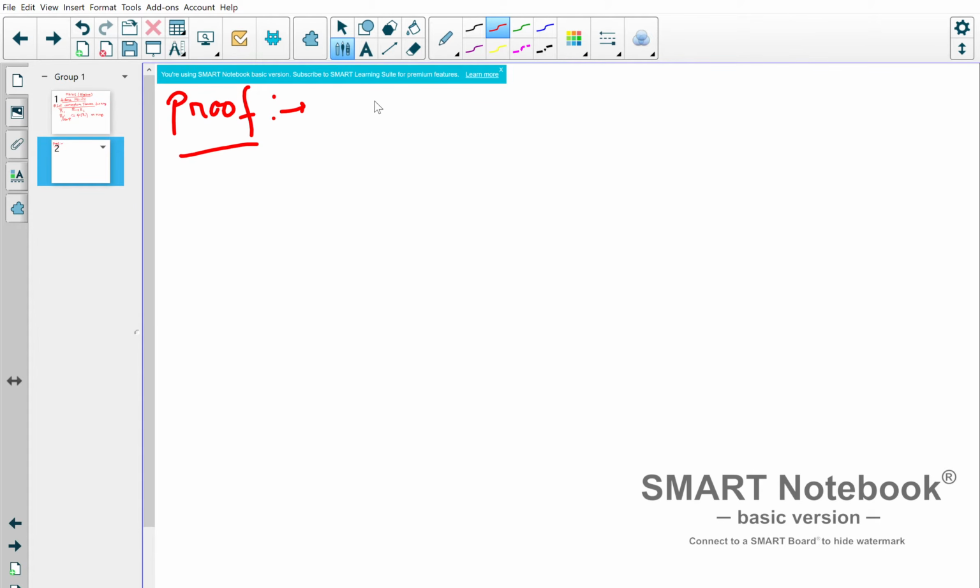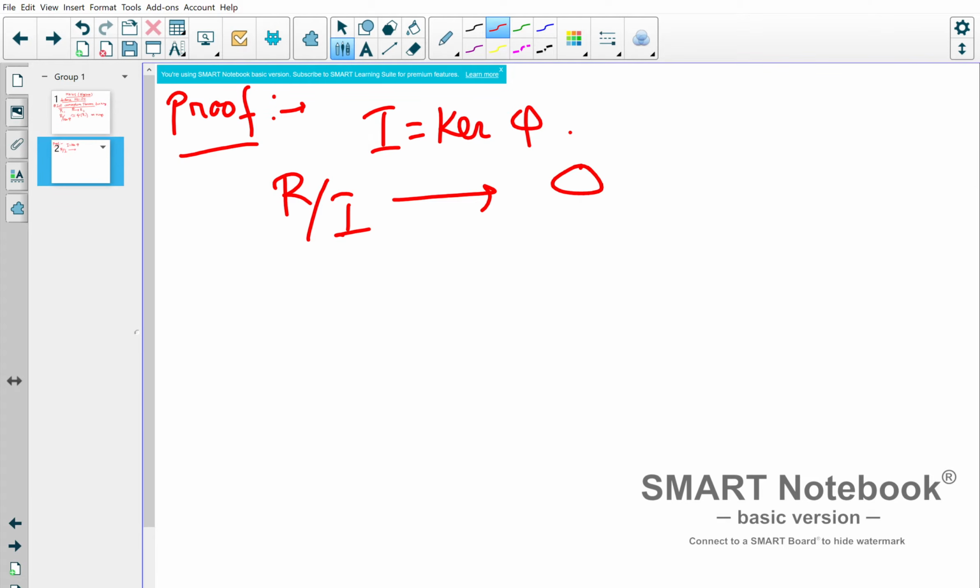Let me give the kernel a name. Say I is the kernel of phi. Okay, and first of all I need to define a map from R mod I to phi of R1. This is the map I need to define.